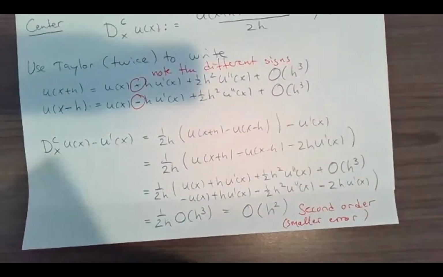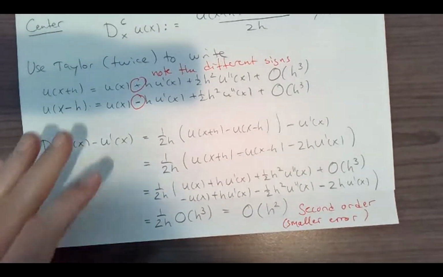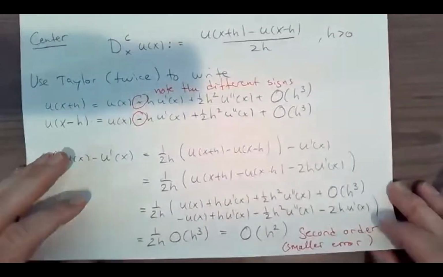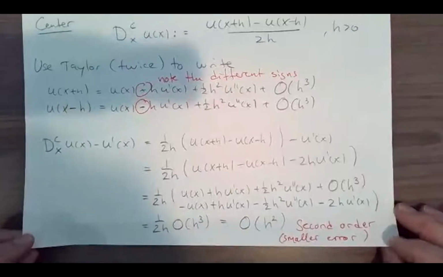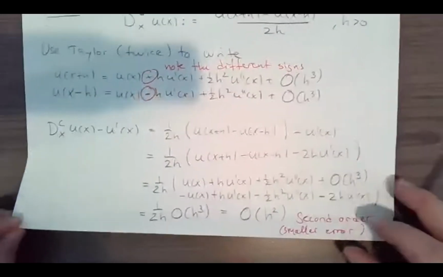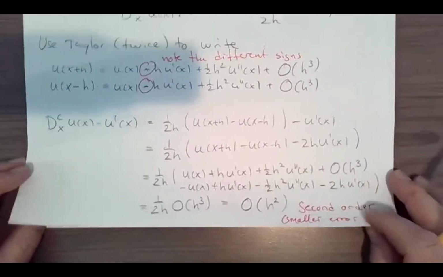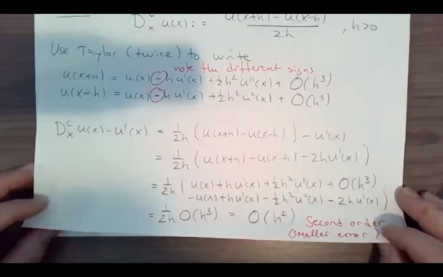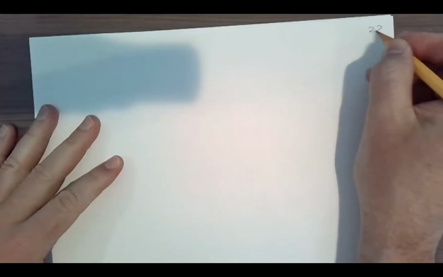So yeah, we might talk about that next time. But for now, we're just trying to get a feeling for how big errors you make when you use these different approximations. And for us, it's not enough just to have the first derivative. We'll also need the second derivative.